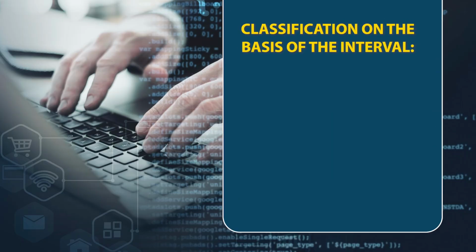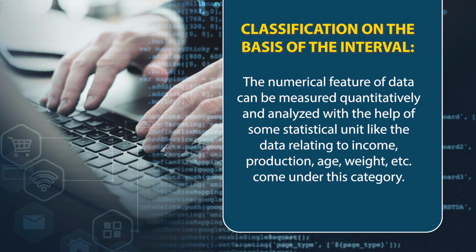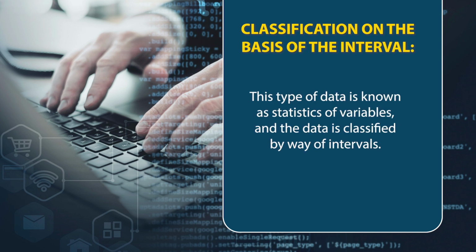Now, moving on to understand the classification on the basis of the interval. So here, the numerical feature of data can be measured quantitatively and analyzed with the help of statistical units, like the data relating to income, production, age, weight, etc. This type of data is known as statistics of variables, and the data is classified by way of intervals, right?